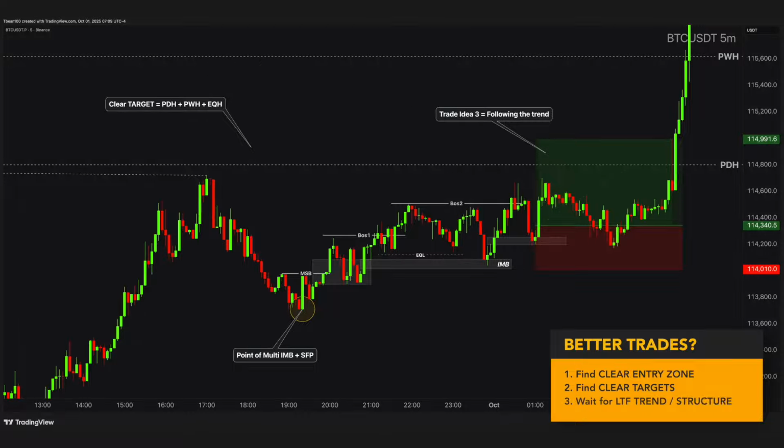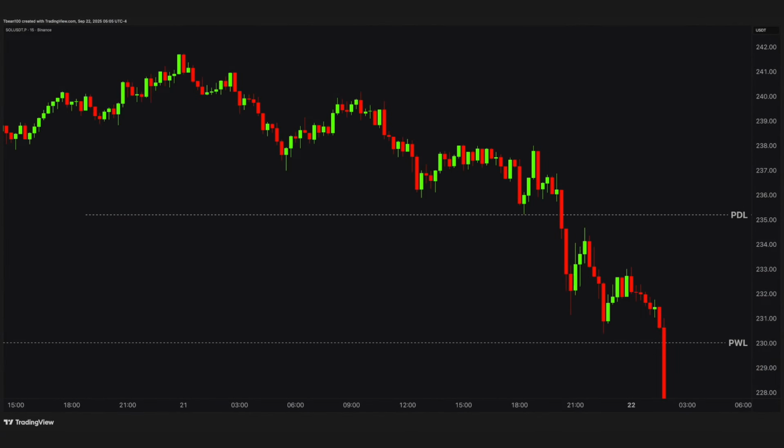Like I've said before, trades work so much better when you've got clear targets, a clear entry zone, and when you combine all of that with an inner structure trend that lines up with your direction and your bias.